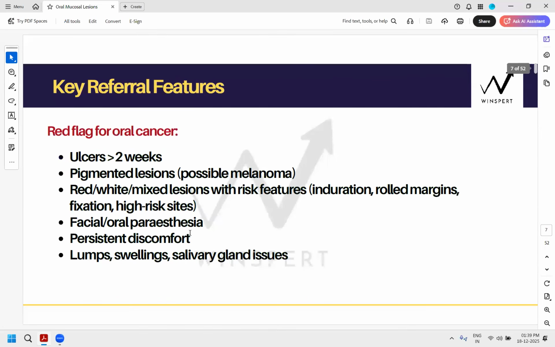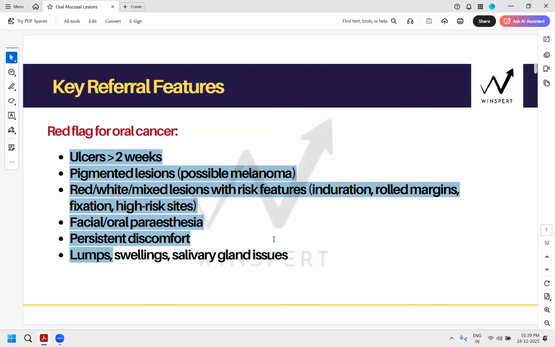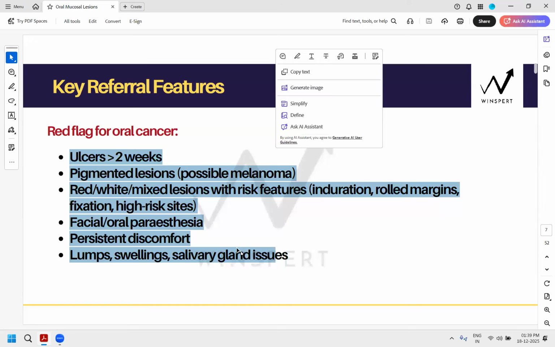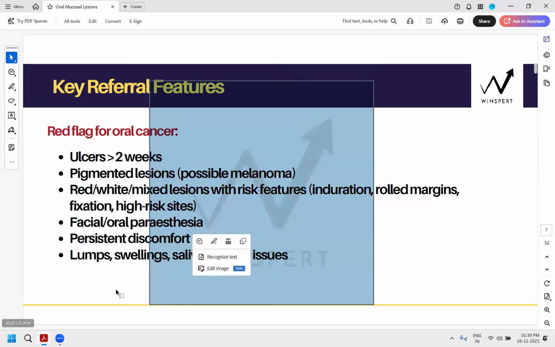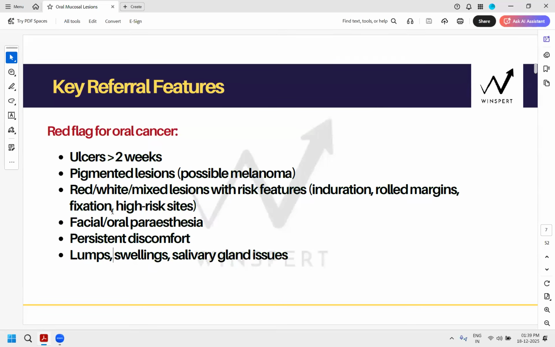This is your second category: any lesion with such features, no matter what the provisional diagnosis is, if any of these are present in it, even if it's a traumatic ulcer lasting more than 2 weeks, on the lateral border of the tongue, with some paresthesia, or with associated lumps and swellings in that area, or indurated margins, or fixated, or rolled margins, that will not be treated as just a traumatic ulcer by your practice.